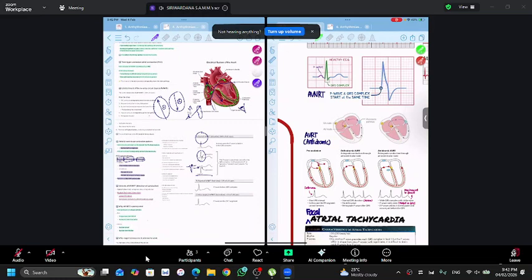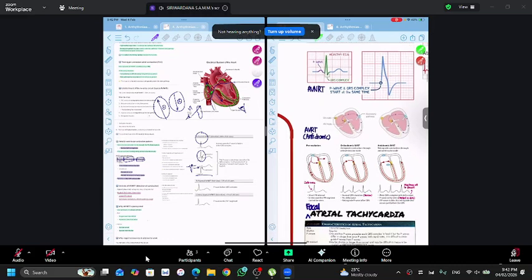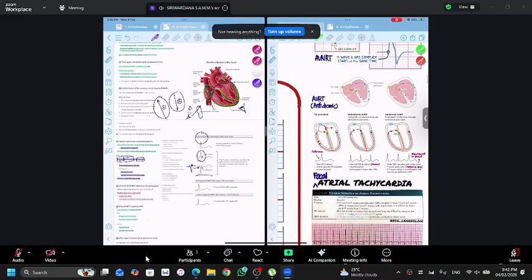The P wave is usually merged with the QRS or immediately after the QRS. In an orthodromic AVRT again, the P wave is immediately after the QRS complex or merged with the QRS.